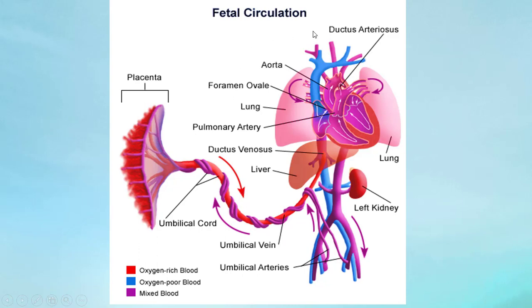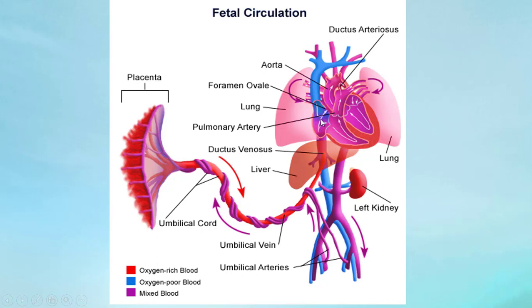As we see in normal heart circulation, deoxygenated blood from the superior vena cava and inferior vena cava enters the right atrium, and from the right atrium to the right ventricle. In the fetus, we see from the right atrium this blood enters the left atrium through an opening known as foramen ovale. In fetuses, blood pressure is higher on the right side.